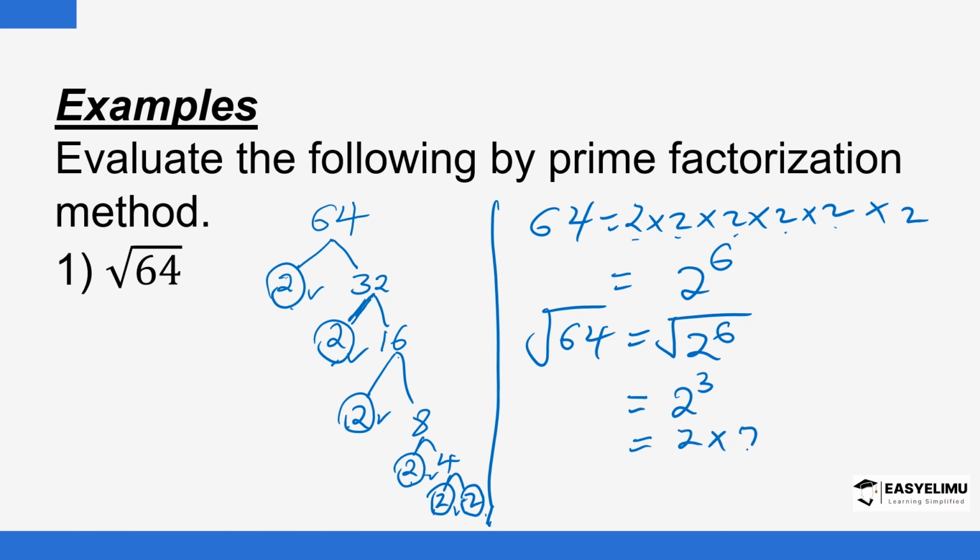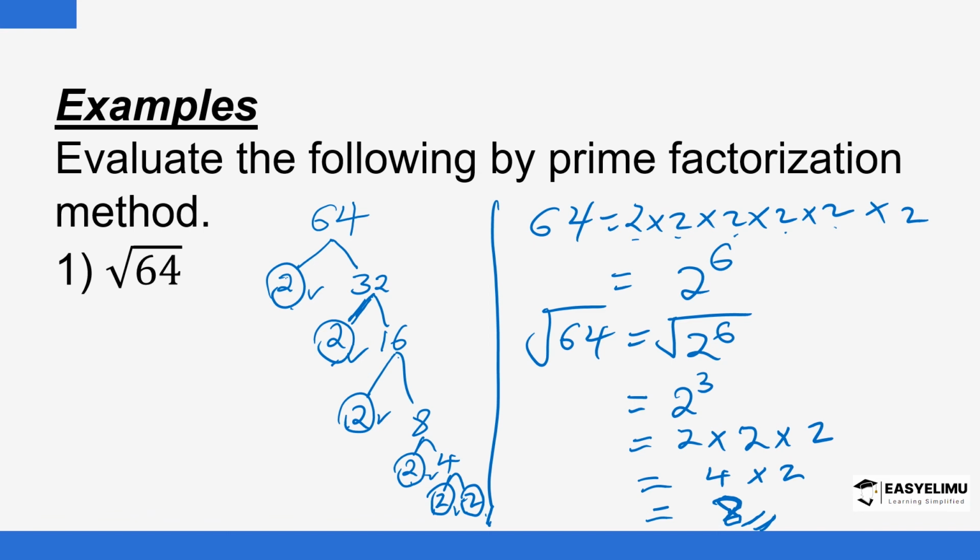So 2 by 2 by 2. If you multiply the first 2 by 2, that is 4, and then by the other 2, the answer here is 8. So 2 power 3 equals 8. So it means then the square root of 64 is 8.